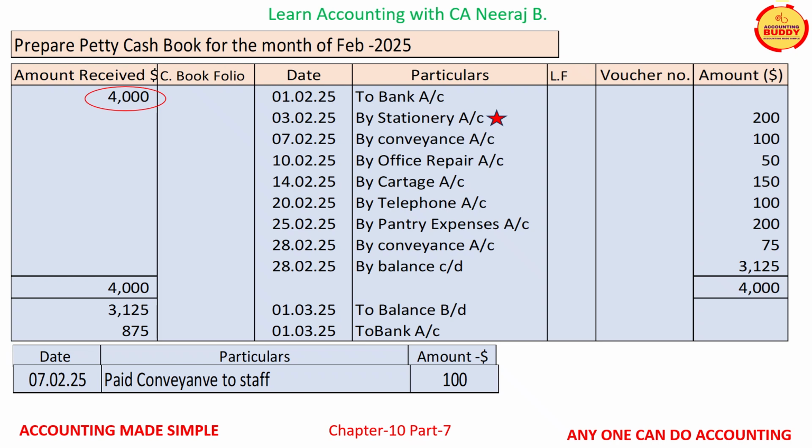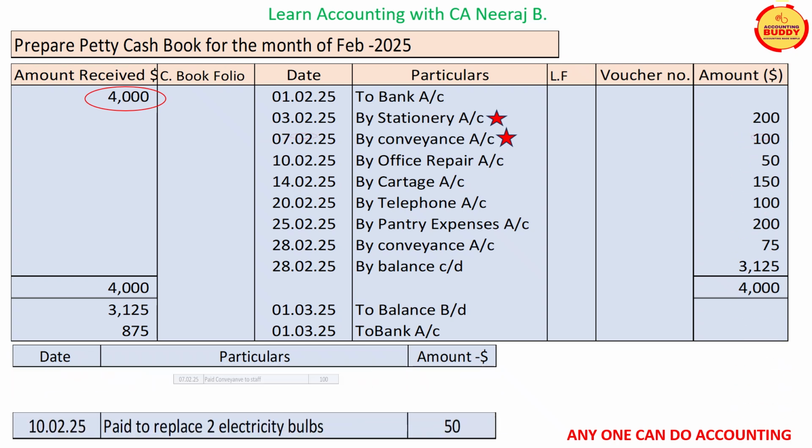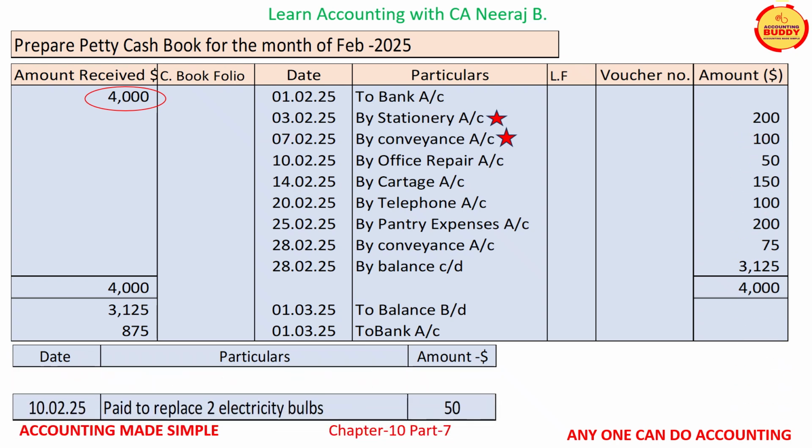This transaction will be recorded on 7th of February 25 by writing the words "by conveyance account" in the particulars column for $100. On 10th of February 25, petty cashier paid $500 to replace two electrical bulbs. This transaction will be recorded on 10th of February 25 by writing the words "by office repairs account" for $50.